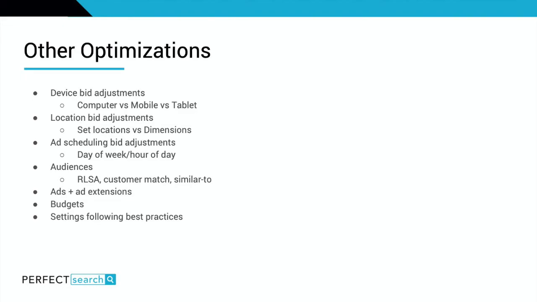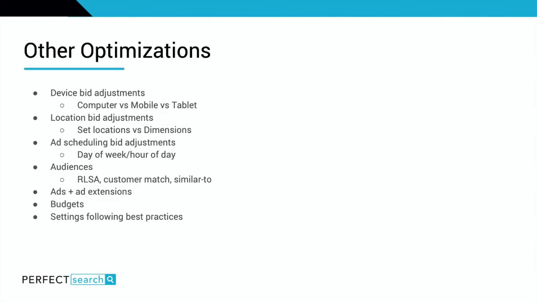So, if you're only selling in the US, you want to consider those time zones. When are people awake? When are people actually making the purchases? Maybe during business hours is best for you, or maybe after people get home from work or before people go to work or during lunch hour is really great for you. And so those might be times for you to increase your bid adjustments.